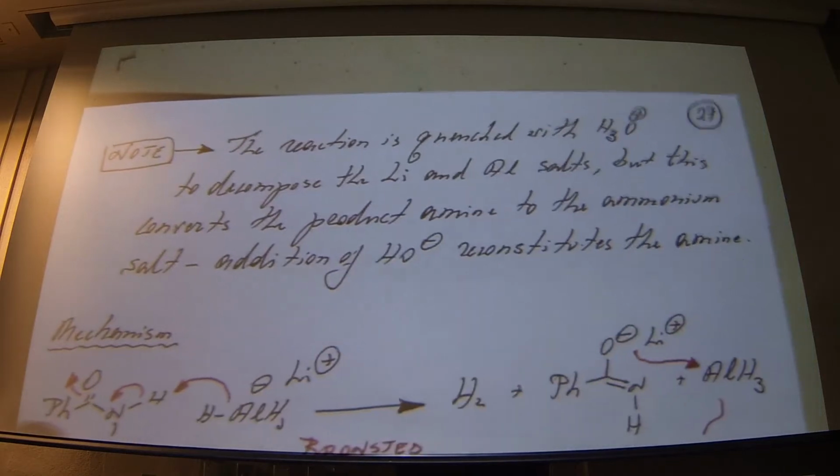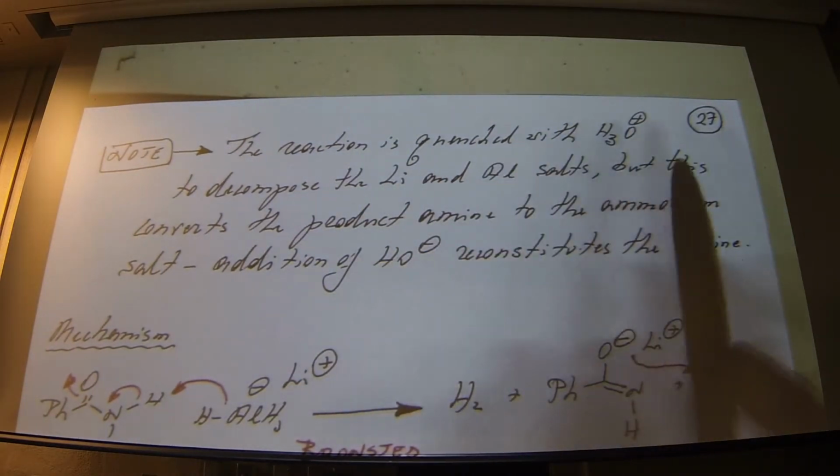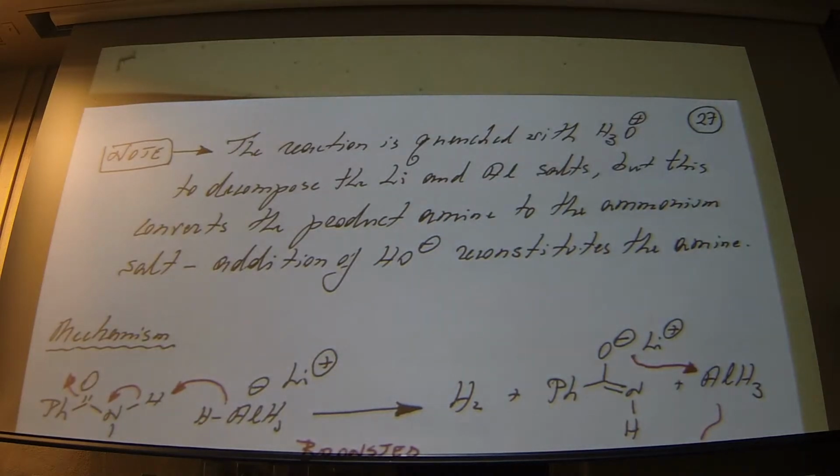Okay, so first of all, the workup looks kind of weird. You say, well, gosh, why do you have to work up with acid and then base? Here's why. You need to kill off the lithium and aluminum salts with aqueous acid. But because your product is an amine, you end up protonating the amine, so you get ammonium ions.